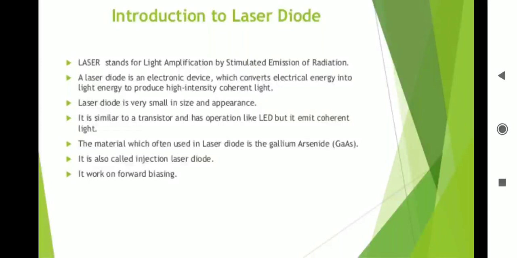The PN junction of a laser diode produces coherent radiations. These radiations mean the light waves generated by the device have the same frequency and phase.